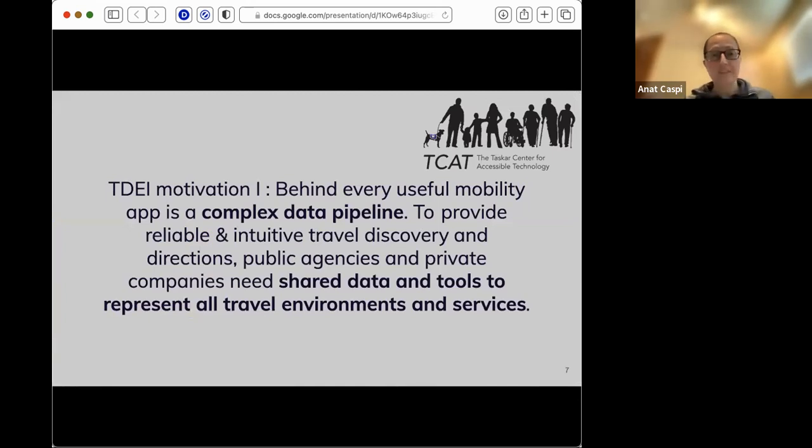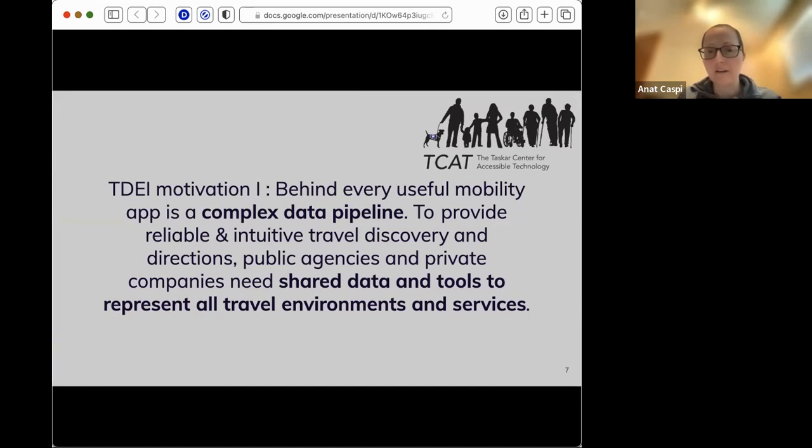So the first motivation behind the Transportation Data Equity Initiative is to acknowledge that behind every useful mobility app, there's a complex data pipeline, and it's supposed to provide reliable and intuitive travel discovery and information about where to go.